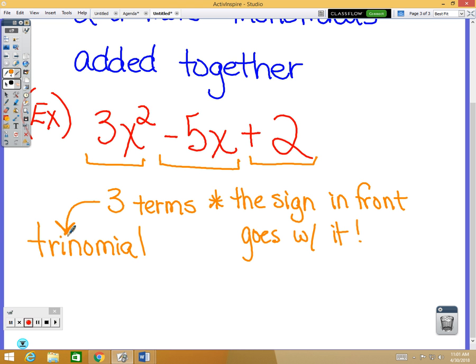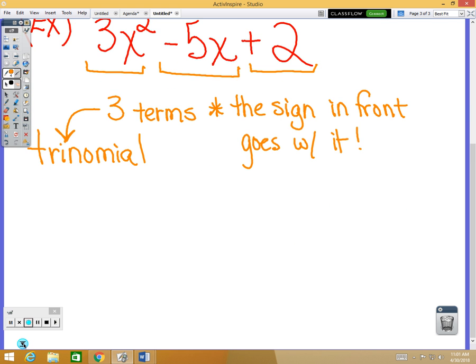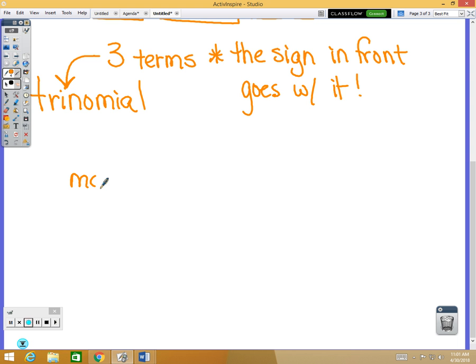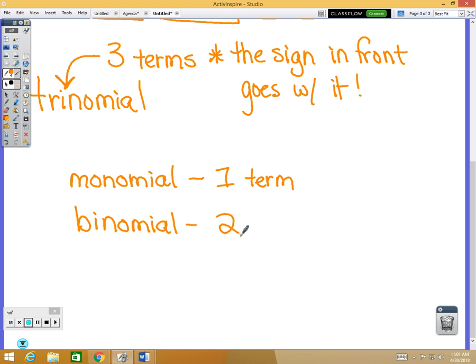Technically, though, they just use monomial, binomial, trinomial, or then just polynomial. Okay? So again, a monomial is 1 term. A binomial, like a bicycle, is 2 terms.